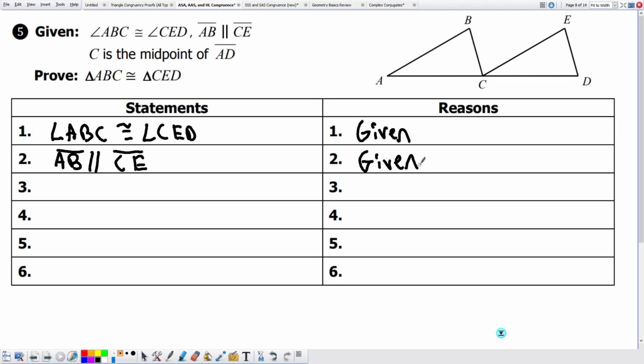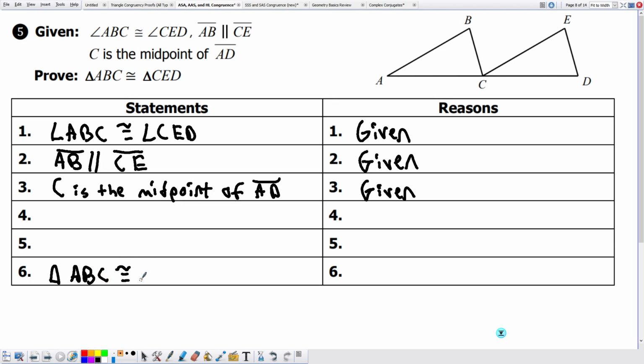We are also given that C is the midpoint of AD. It's another given. What we want to prove, that last statement, is that triangle ABC is congruent with triangle CED.